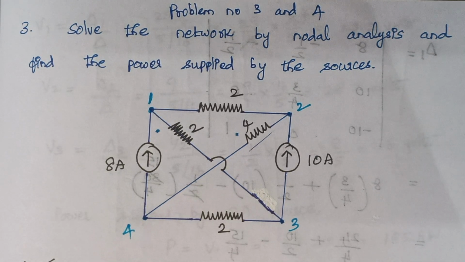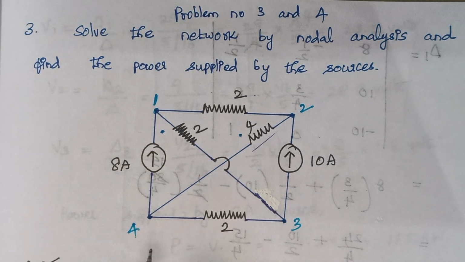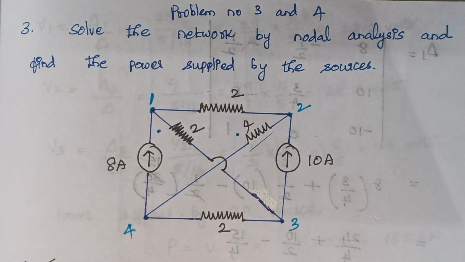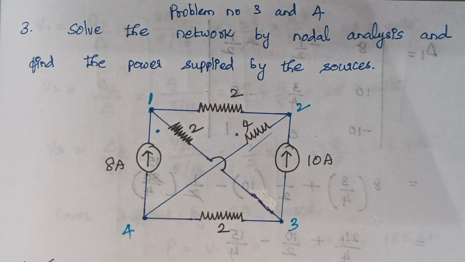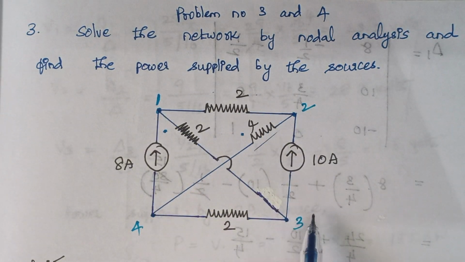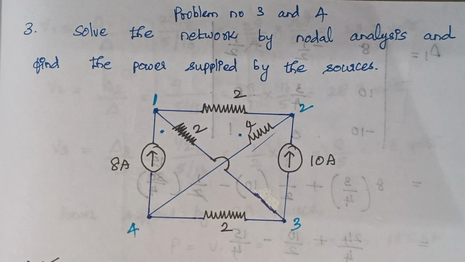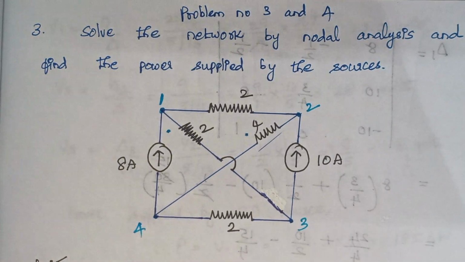So here node number 4 is taken as reference. So while forming the matrix, we will be having a 3 by 3 matrix, since 4 is a reference node and we are having only 3 nodes under consideration. Therefore, we have to frame a 3 by 3 matrix. So that is our first step here.